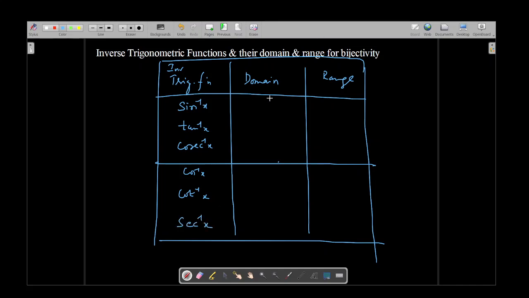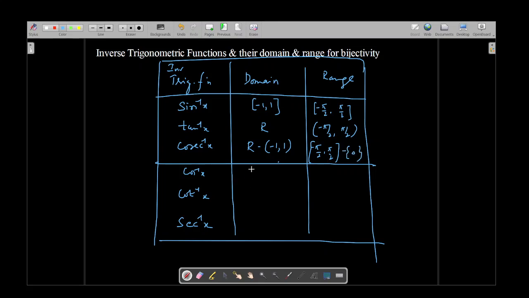So the domain is -1 to 1. This is complete real numbers except -1 to 1. This is important. Minus pi by 2 to pi by 2, this is minus pi by 2 to pi by 2 in an open interval. This is minus pi by 2 to pi by 2 except at 0.